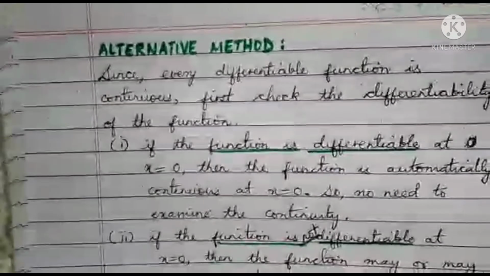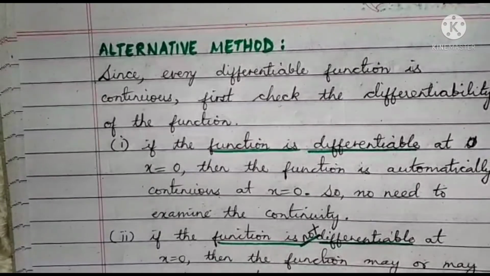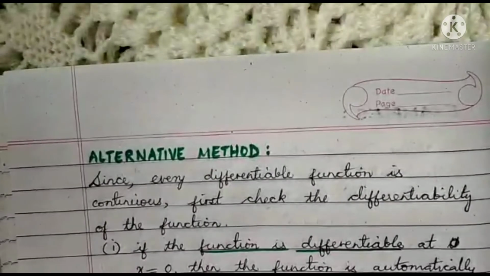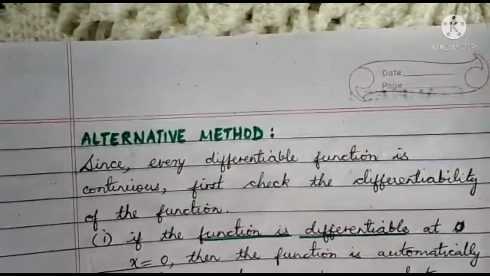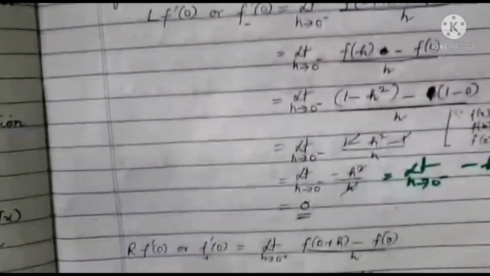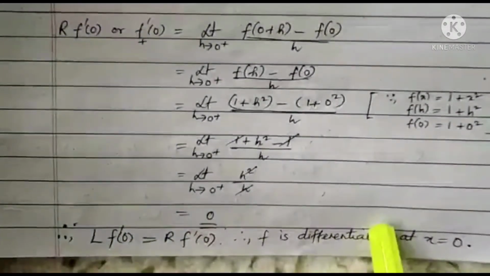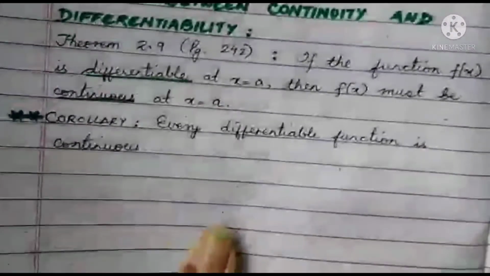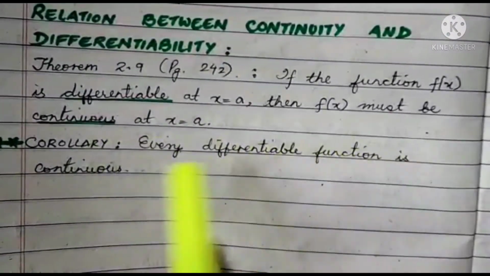What you can do is you can directly first find whether a function is differentiable or not. Now, when you check if the function is differentiable or not, in this particular question, we see that my function is coming differentiable. Now, since the function is differentiable, our theorem says that every differentiable function is continuous.